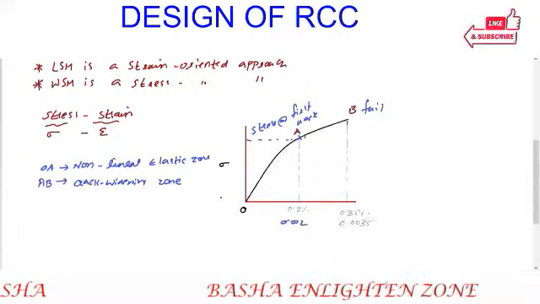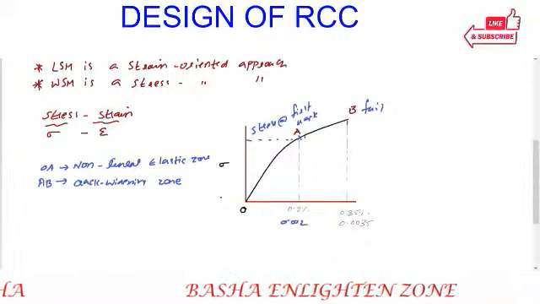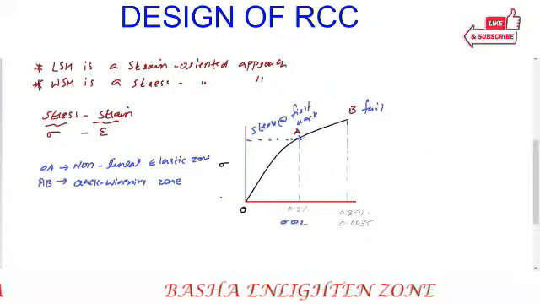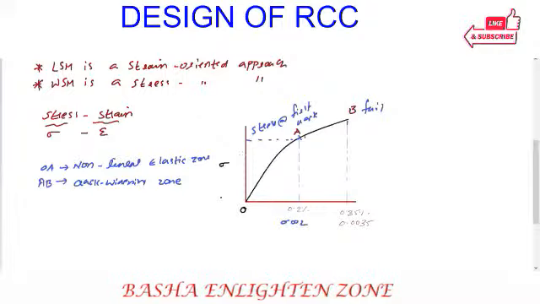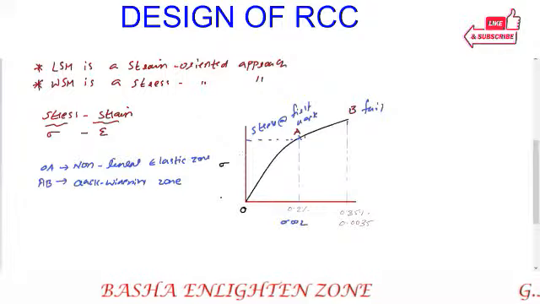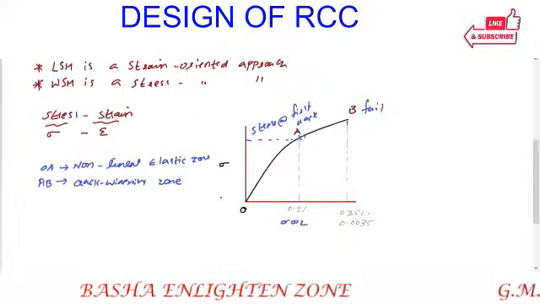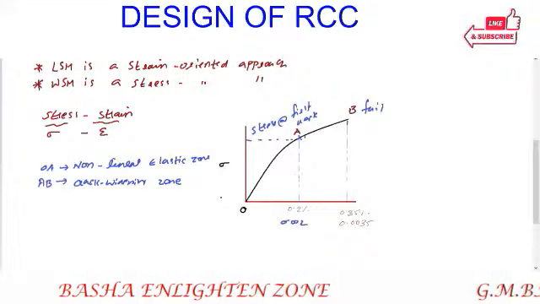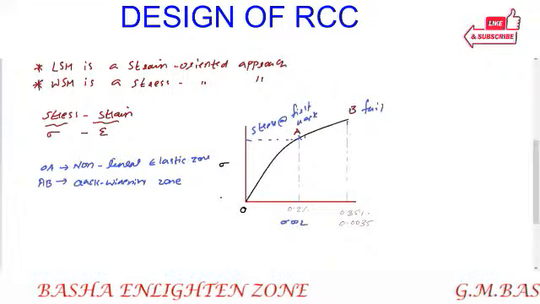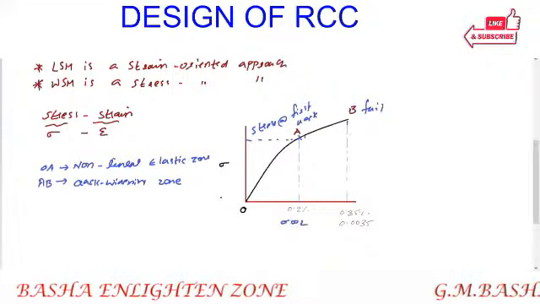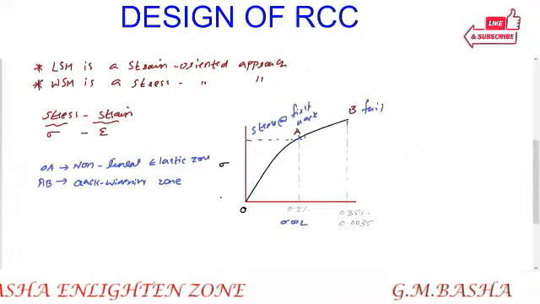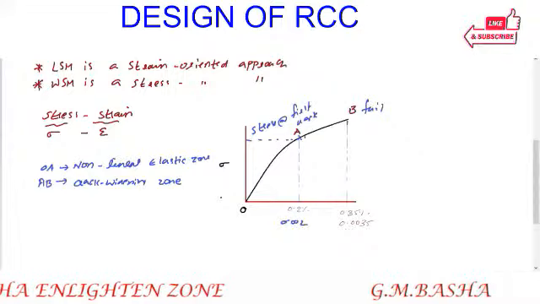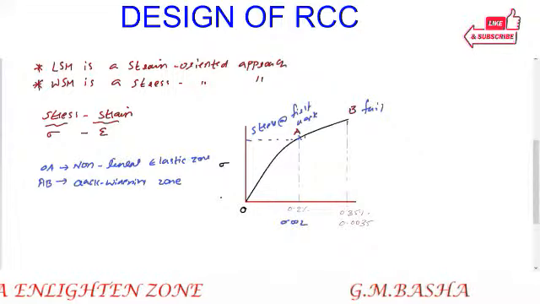Means in the original stress strain curve, OA is the non-linear elastic zone and AB is the crack widening zone. The first crack develops at the strain of 0.2%, and at B it fails at 0.0035, which is the maximum strain.